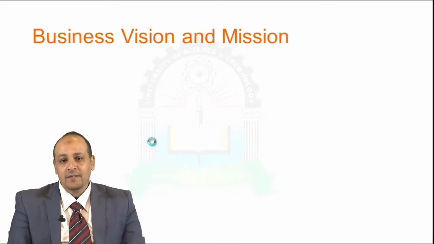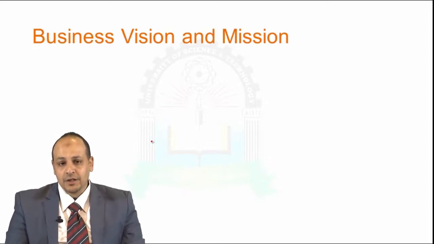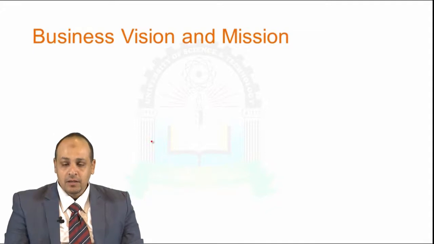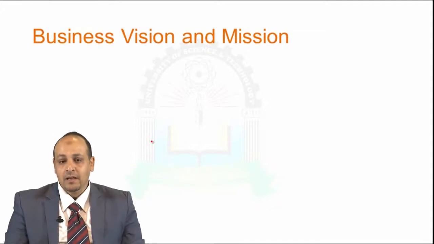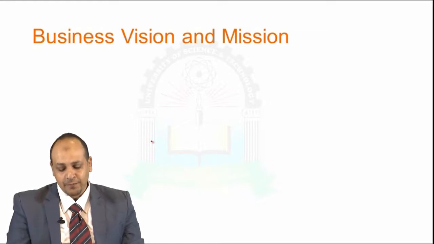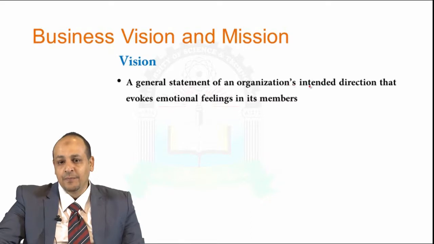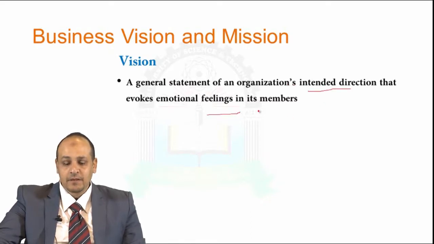Now we have vision and mission. Actually, when we talk about strategies and the corporate level objectives, we have to have a vision, and this vision must be translated into a mission as follows. The vision is a general statement of an organization's intended direction that evokes emotional feelings in its members.